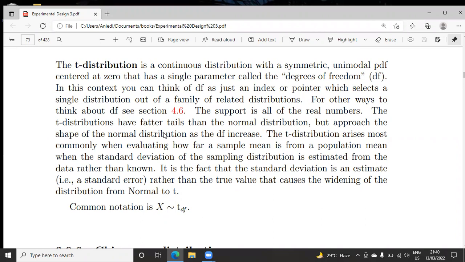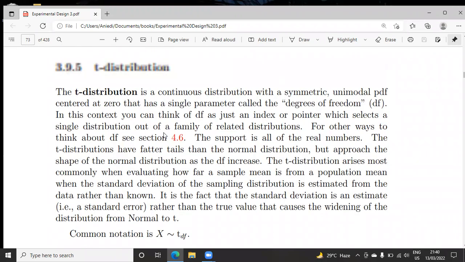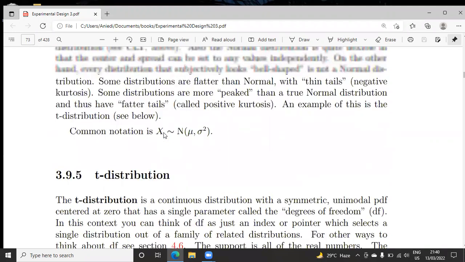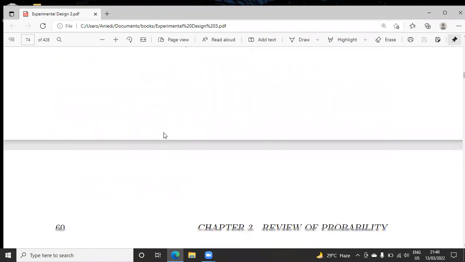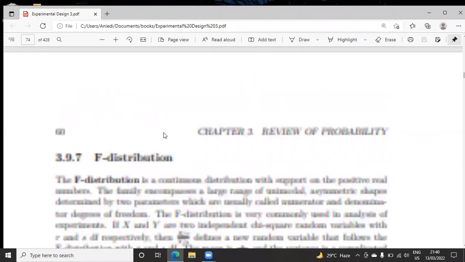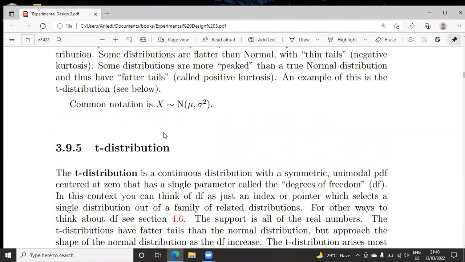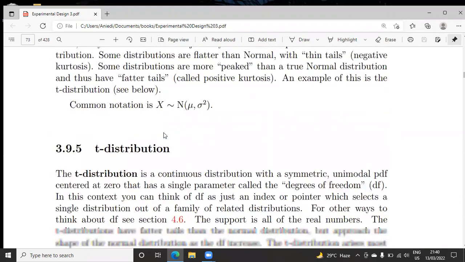That is the beauty of the t distribution.